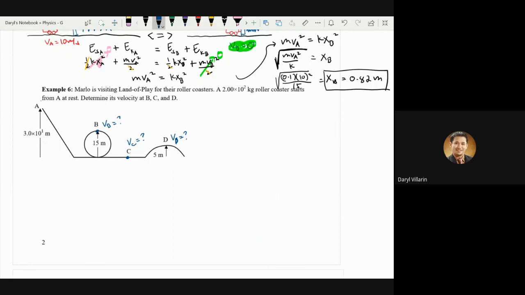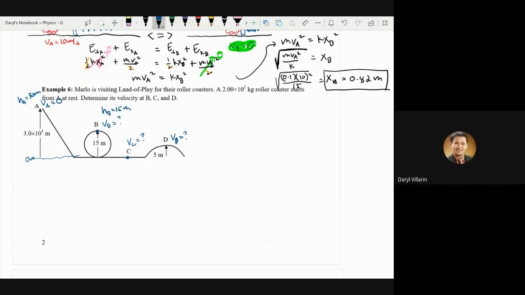It starts from rest, so that means V sub A is equal to 0 here. Let's say the height is measured from the ground, so this is 0 meters. That means that HA is 30 meters, and HB is 15 meters.